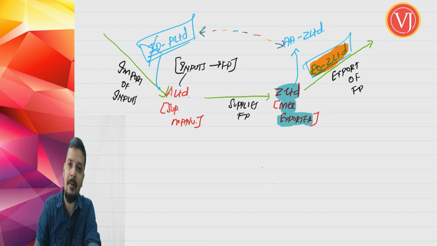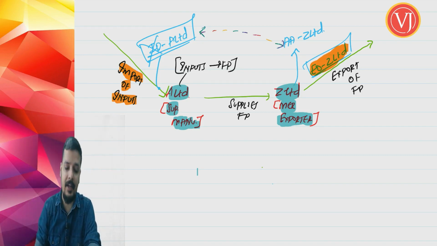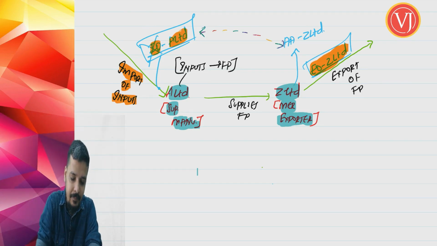The import of inputs and manufacturing of the final product is done by A Limited, the supporting manufacturer, who is importing the inputs using the advance authorization of Z Limited, not paying import duty, and converting the inputs into the final product.